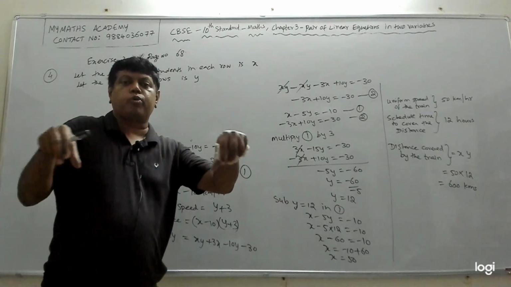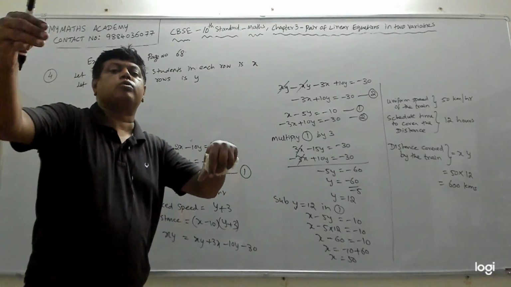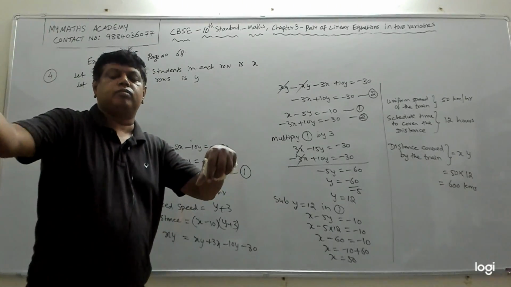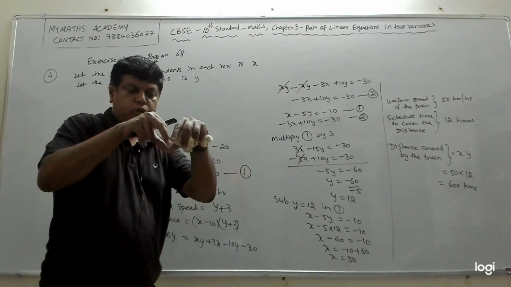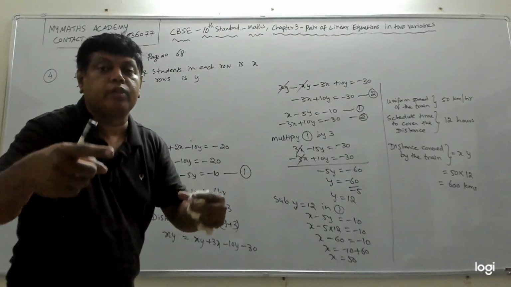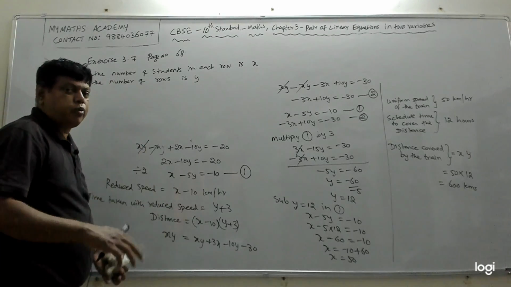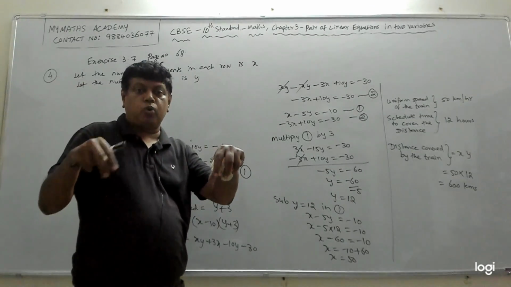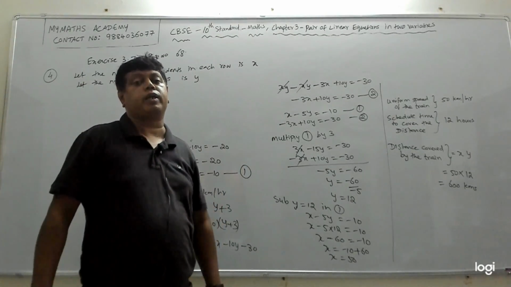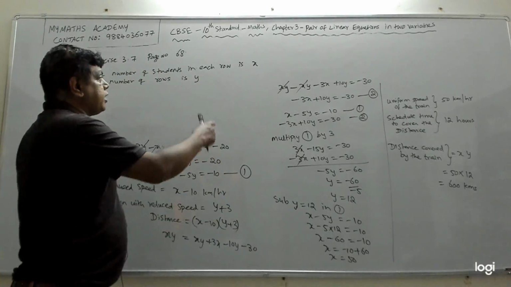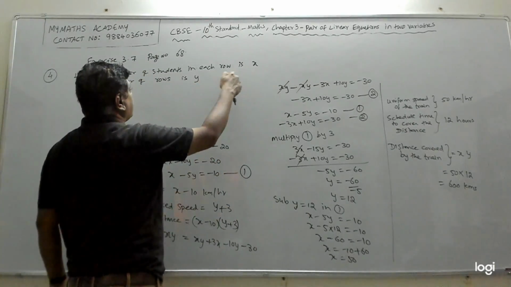Suppose for example 4 students in one row and there are 10 rows like that. Then the total number of students is the number of students in one row into the number of rows. In my example of 4 students in a row and 10 rows, it will become 4 into 10, which is 40. So here x students are in one row and there are y rows.